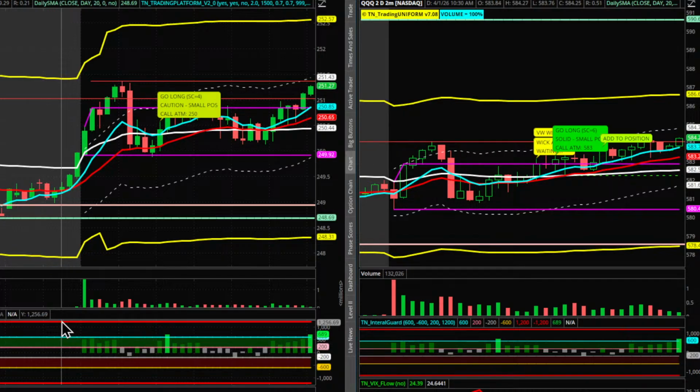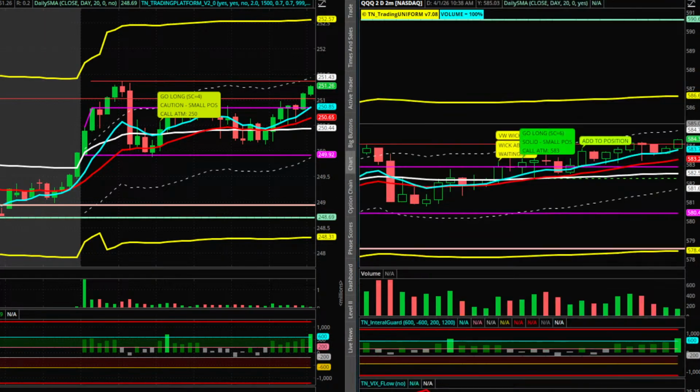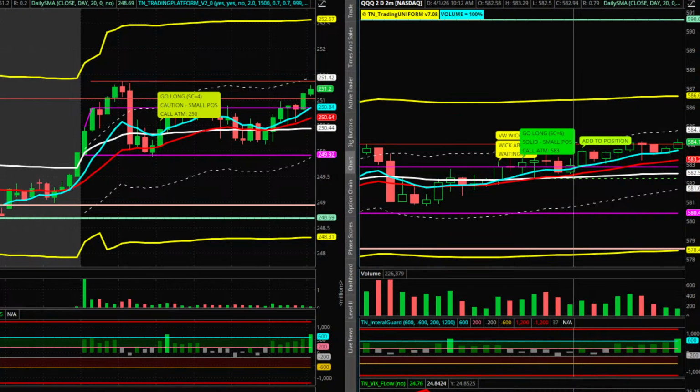Whoa, look at IWM. Look at this. Look at QQQ as well. QQQ is trying to break out as well. But I think IWM is stronger.